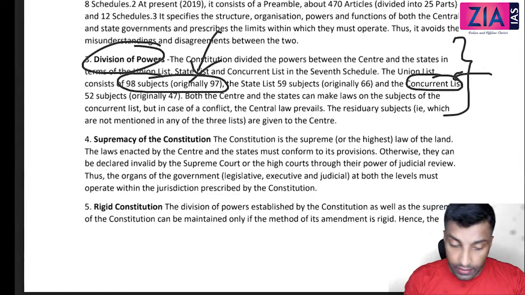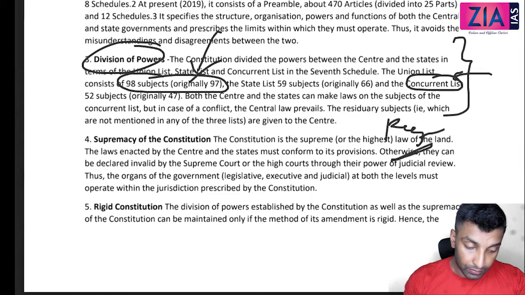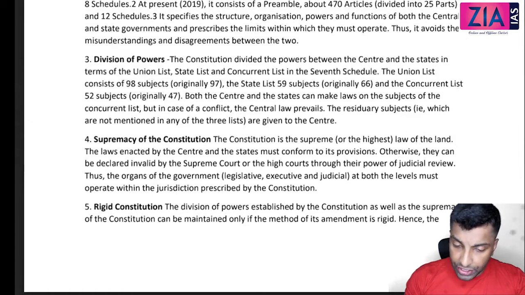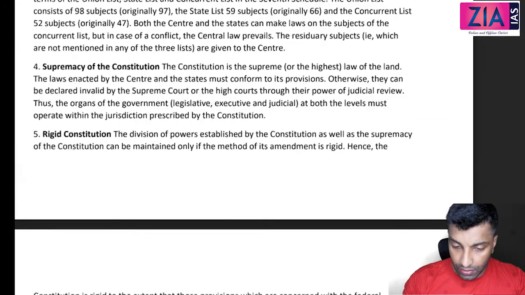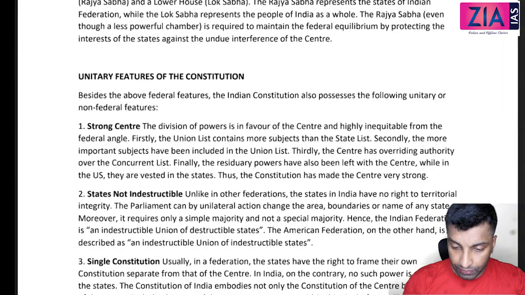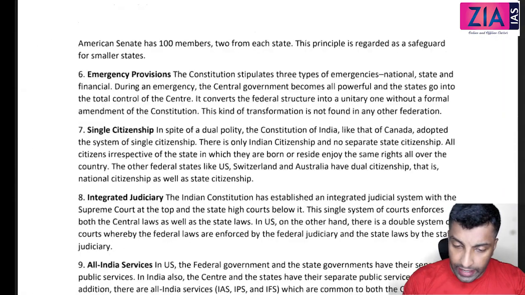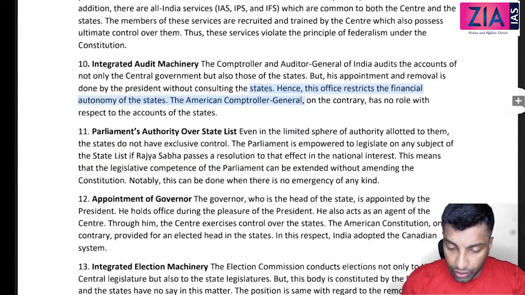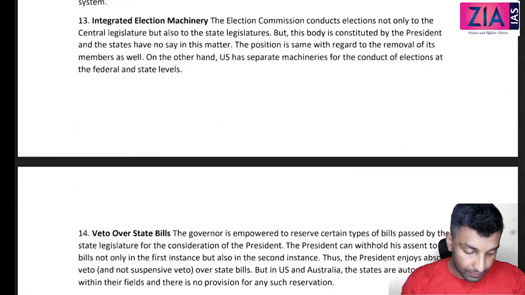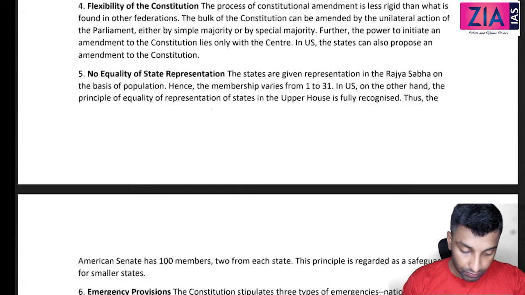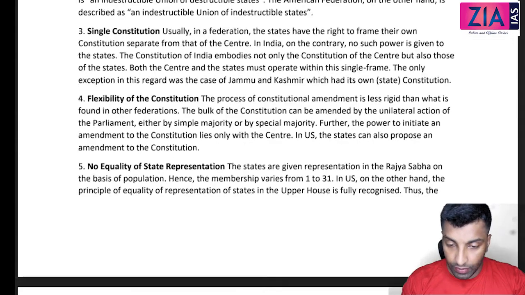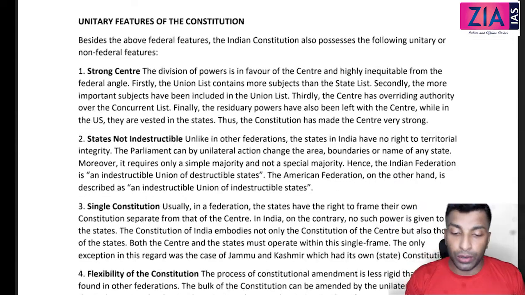And fourthly, residuary power. Okay, now even the financial distribution also, can I see that here? Financial distribution also, the state is more dependent on the center. Okay, we will look into these elements.